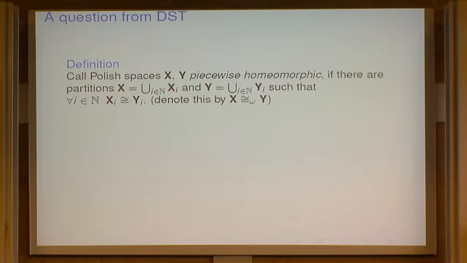It's not necessary for anything else to work. We're calling them piecewise homeomorphic if we can split both spaces into countably many parts, and then the matching parts are homeomorphic. You don't insist that the pieces are Borel or anything like that.